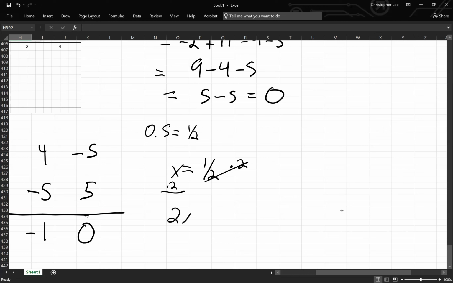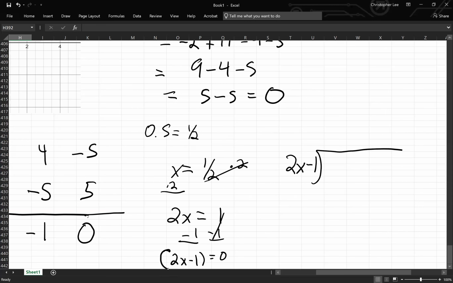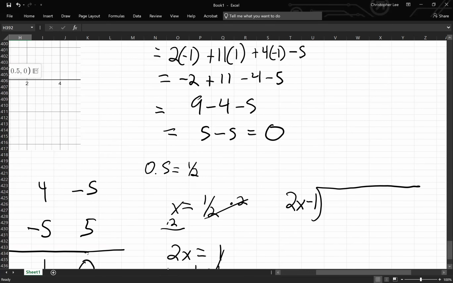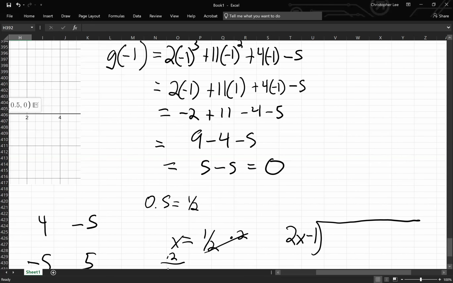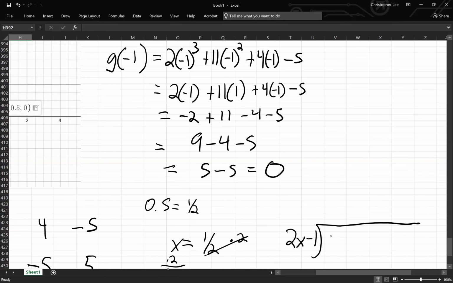So now I have 2x equals positive 1. I'm going to subtract 1 from over here, which you do to one side, you do to the other. So now I have 2x minus 1 equals 0. 2x minus 1 is what I'm looking for to do my long division. So we have 2x minus 1, and then you get the whole equation from above. So this should be 2x cubed plus 11x squared plus 4 minus 5.